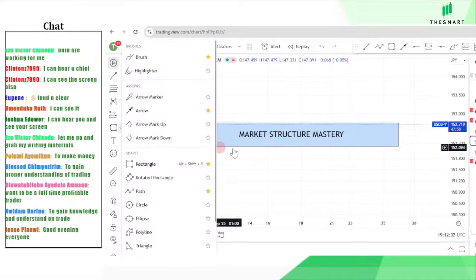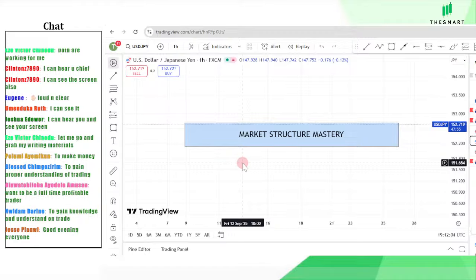All right, so diving straight into today's topic: market structure mastery. When you're talking about market structure, what do you mean by market structure? Please take note because the class has started officially.